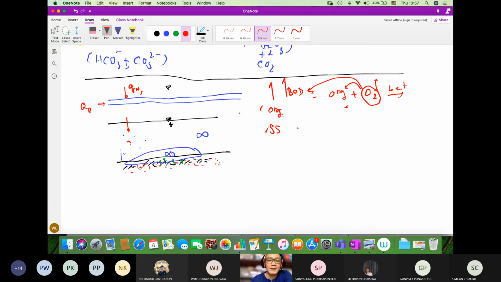For the suspended solids, once they enter the stream, what will happen? As they are somewhat heavy, if the density is higher than water, how do they move in the stream? So they will move like this.